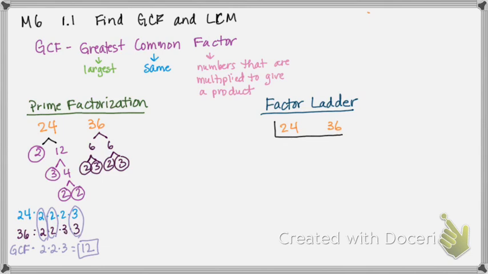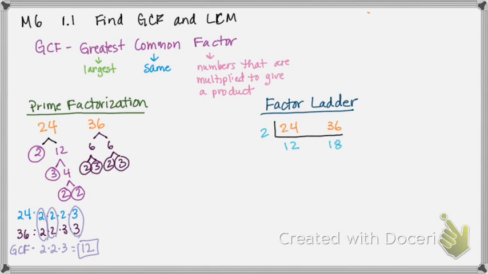And what we're going to do is think about what's a number that goes into both of them. And it really doesn't matter how you put the numbers in, okay? Really doesn't matter. So let's think about this. They're both even, so let's pull out a 2. So 2 goes into 24 12 times. 2 goes into 36 18 times.